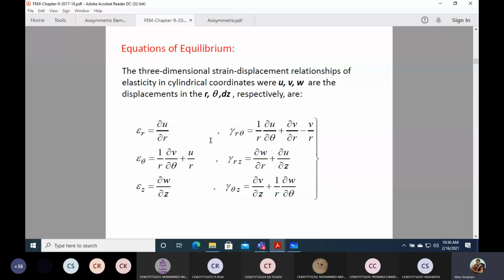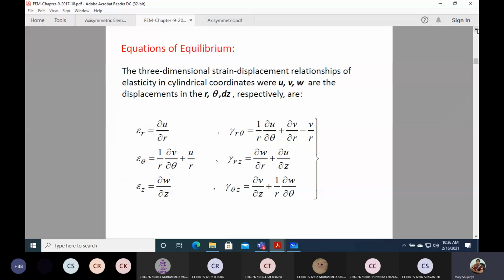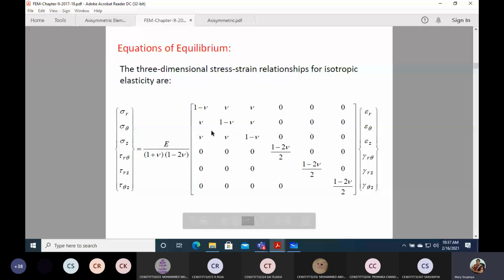All right. Now finally, for the stress strain relationship, what we have done for the general 3D element, in a similar manner we will end up getting the constitutive relation matrix. There is no change.